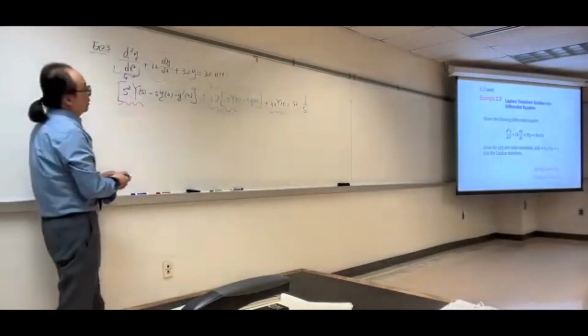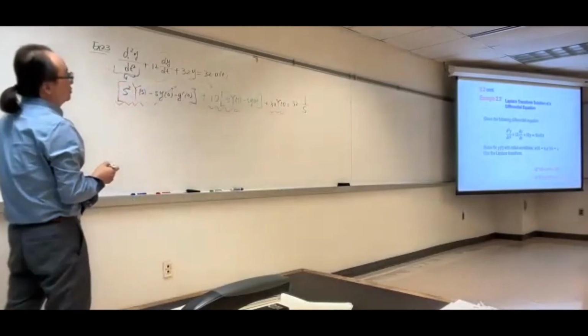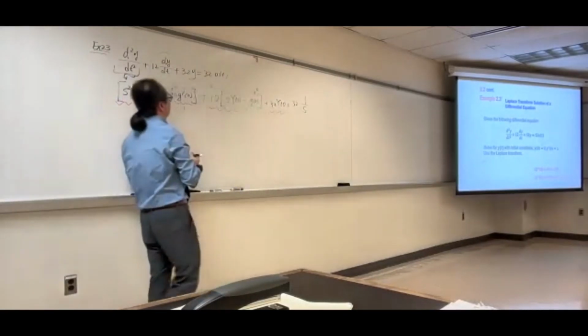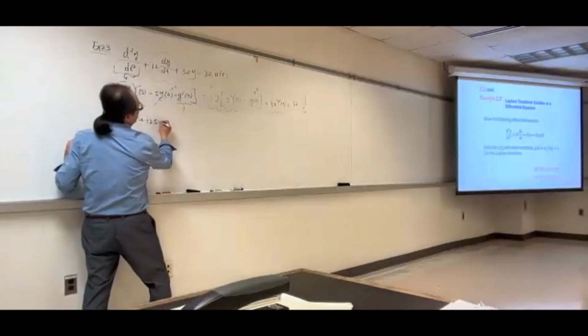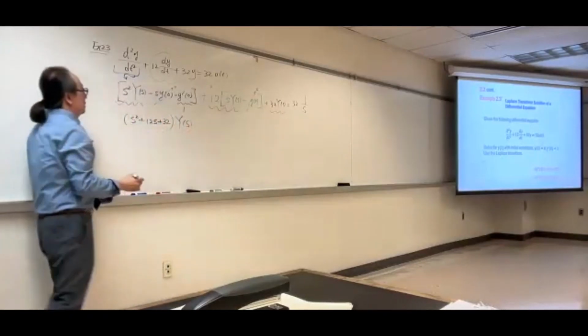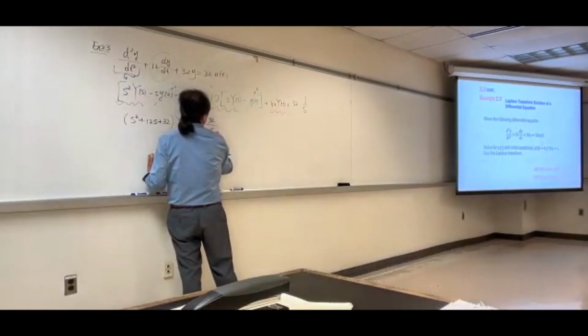Y(0) equals 0. Y prime of 0 equals 1. I'm sorry, this should be no s in here. Then we have s squared plus 12s plus 32. That's the Y(s) term. Equals, we have 32 over s.